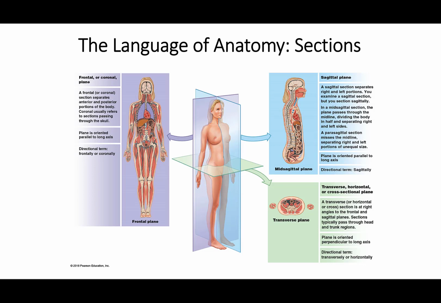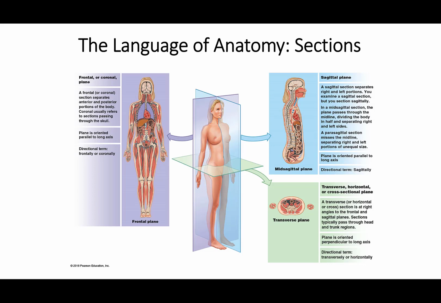Do you want to divide the person into front and back sections? Then we probably want to make a frontal or coronal cut. What about cutting this person into the top and the bottom half? Then we gotta make a transverse cut.